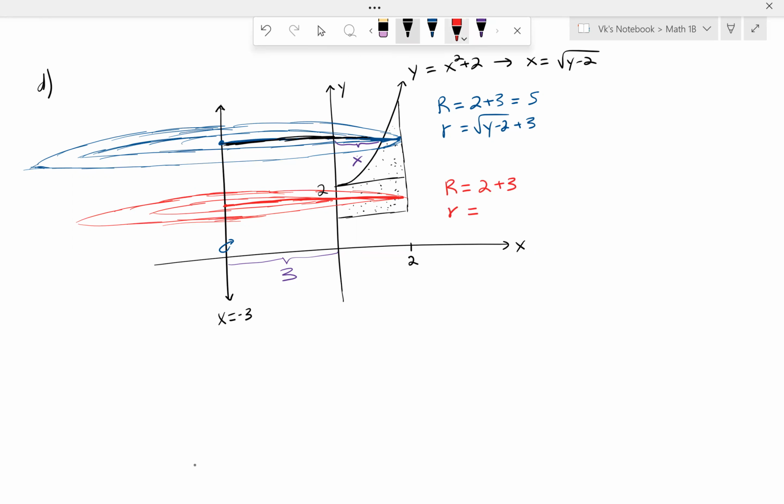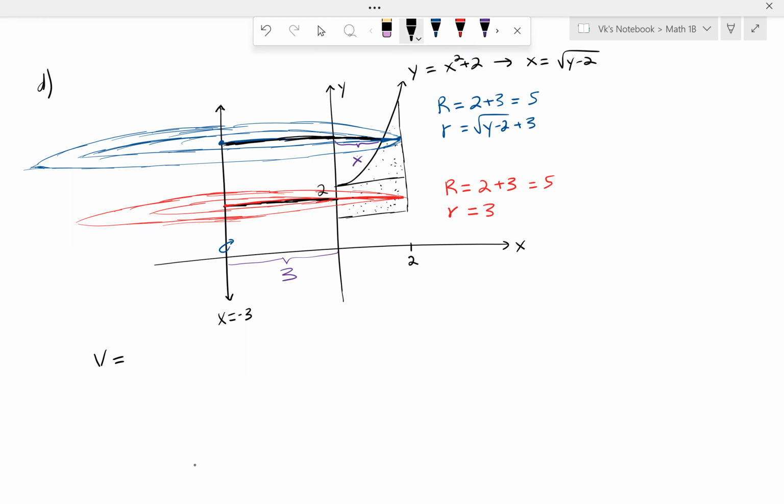The inner radius is this one. That's exactly 3. So the outer radius is 5, the inner radius is 3, and then from there, we'll be able to figure out the volume.